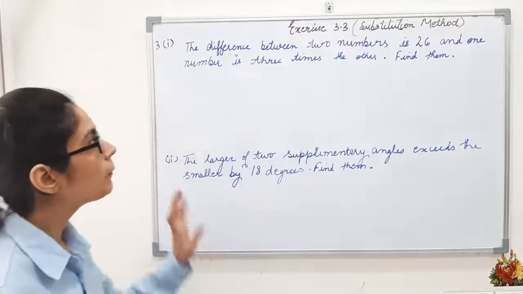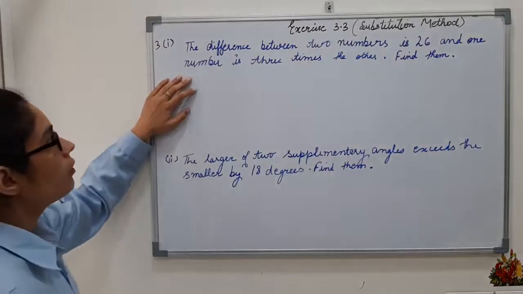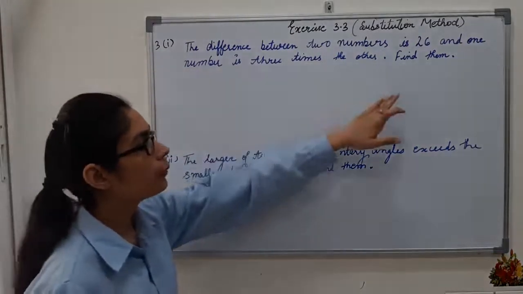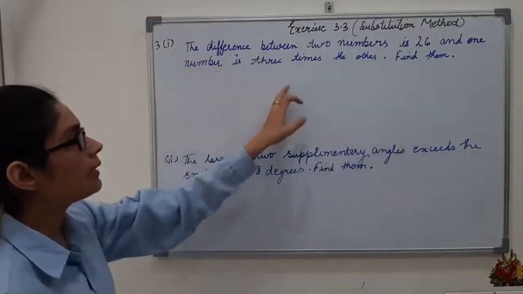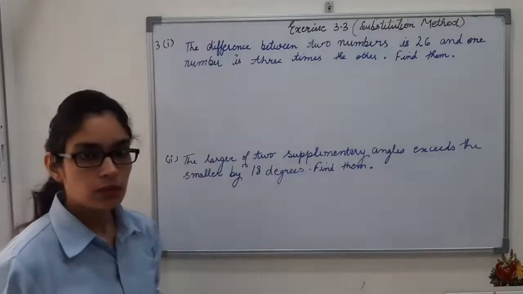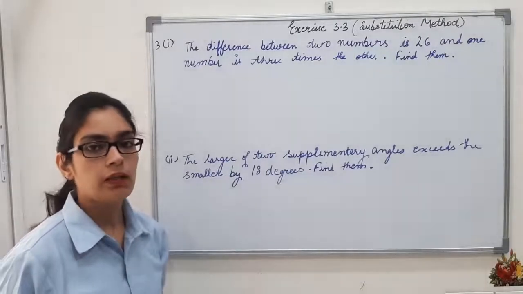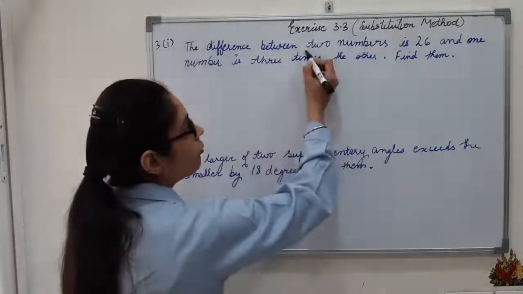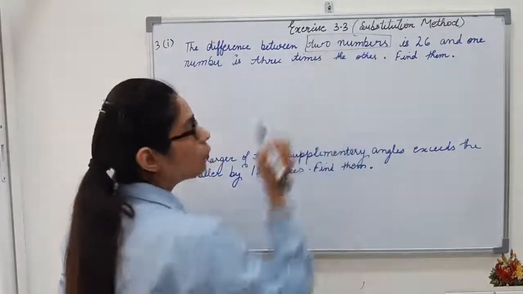So let's start. Your first part of the third sum is: the difference between two numbers is 26 and one number is 3 times the other. Find them. Like in the last exercise I explained to you, each time we are assuming two things.